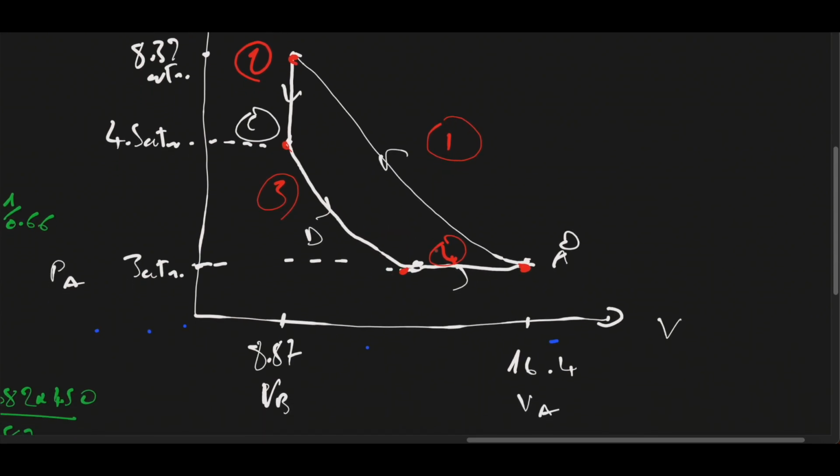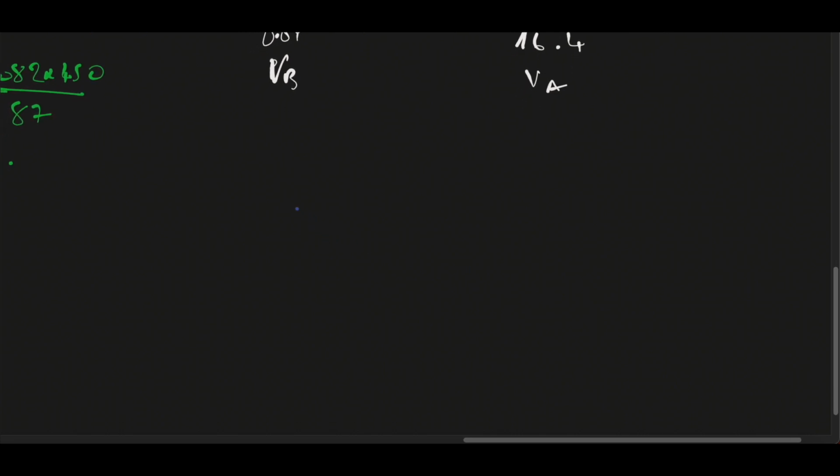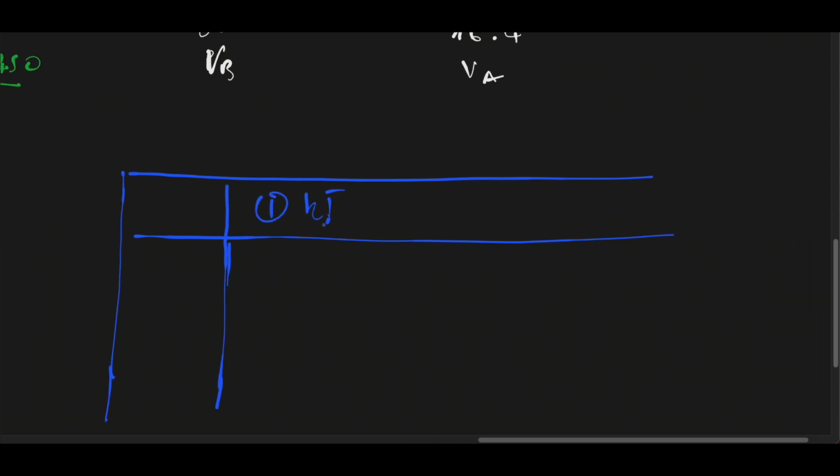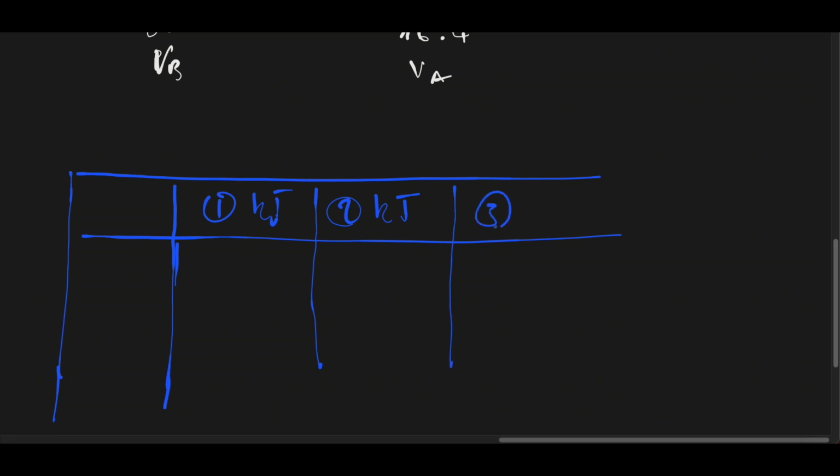Now, as usual, we have to determine the thermodynamic properties for each step. So it's better to draw a table like this, and we'll fill it each time that we have calculated the thermodynamic properties for each step. We determine all the values in kilojoules. Step 1, step 2, step 3, and step 4.